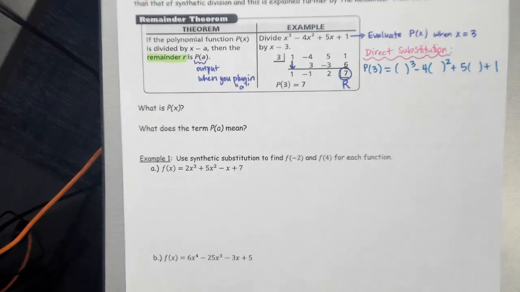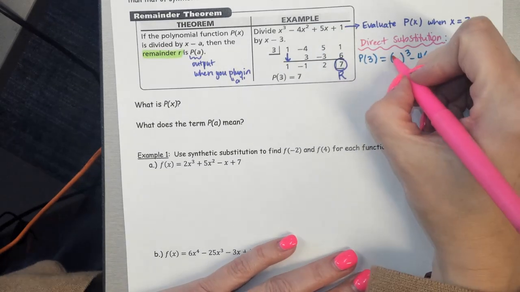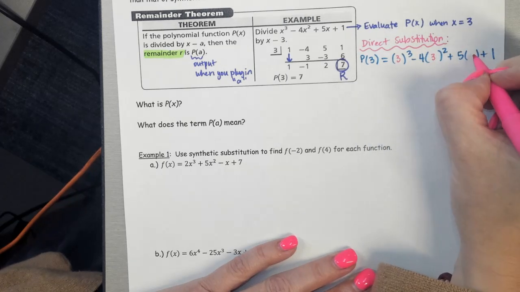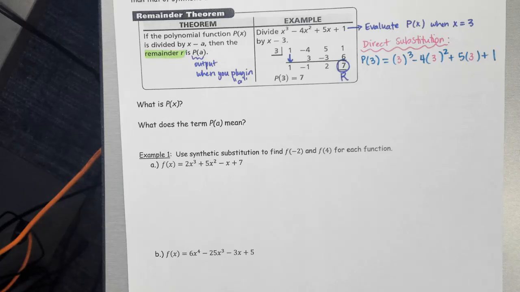So if we're doing direct substitution, we're going to plug in 3 anytime we have an x. Okay, so I want you guys to use your order of operations to solve that without your calculator. Remember, you do your exponents first, then we multiply, then we add or subtract.